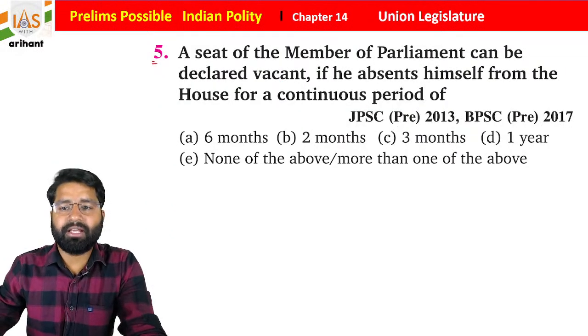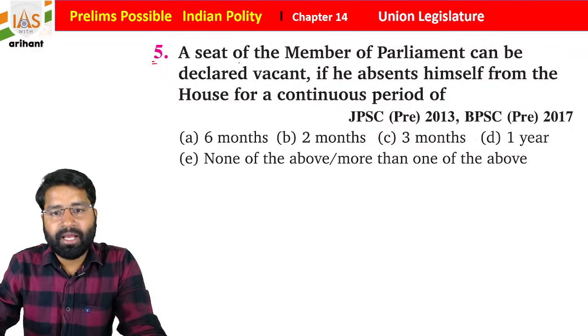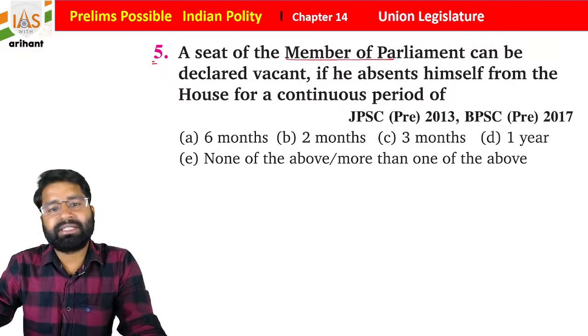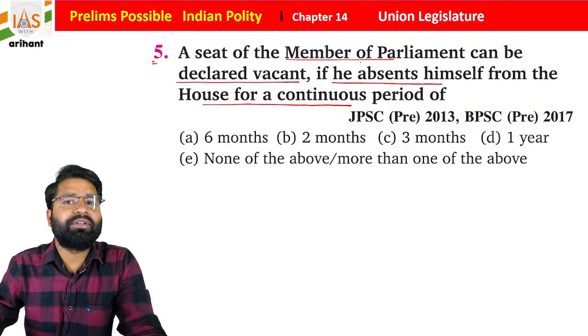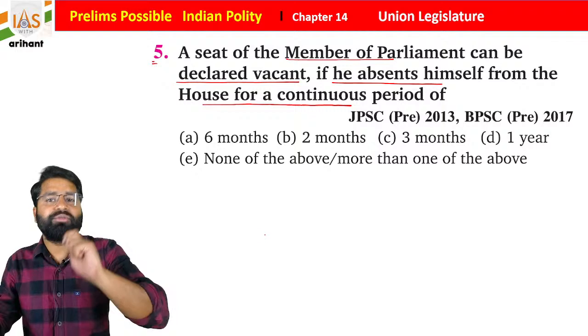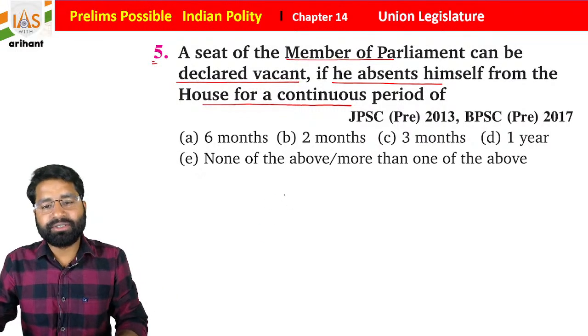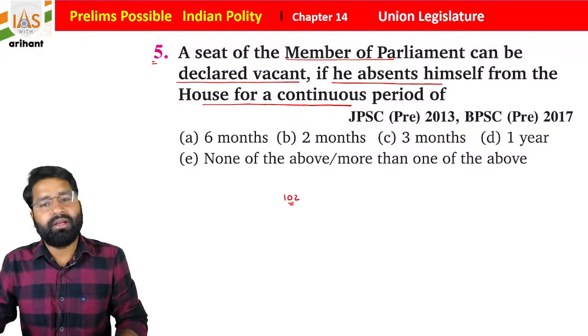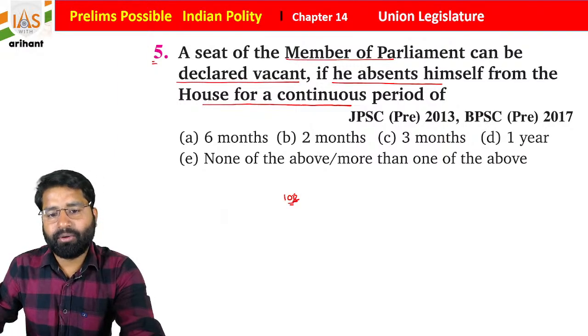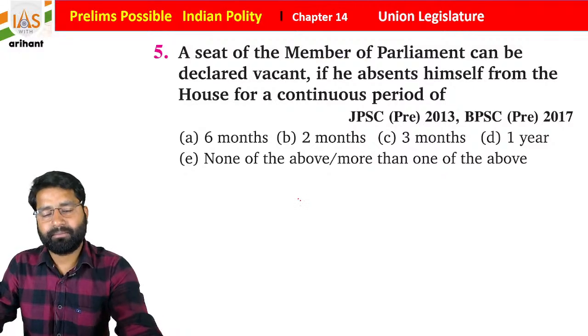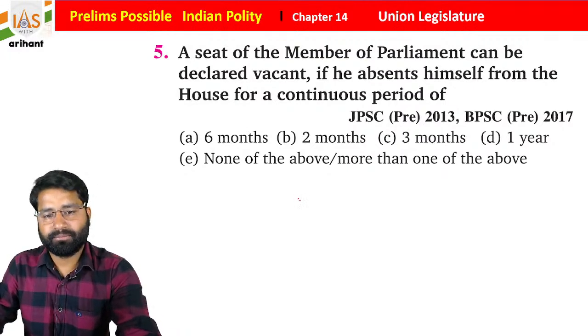Now see the question number 5. It was in Jharkhand PSC, Bihar PSC. A seat of a member of Parliament can be declared vacant if he absents himself from the house for a continuous period of. Now this question is going to be more tricky. Students, there is Article 101 in our Indian Constitution about the disqualification of members of Parliament.